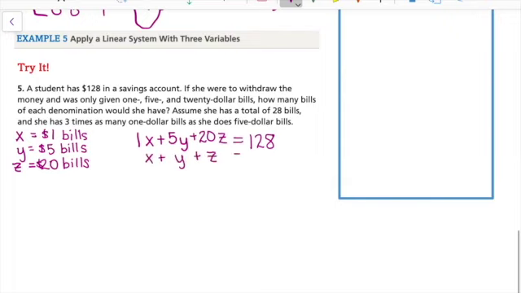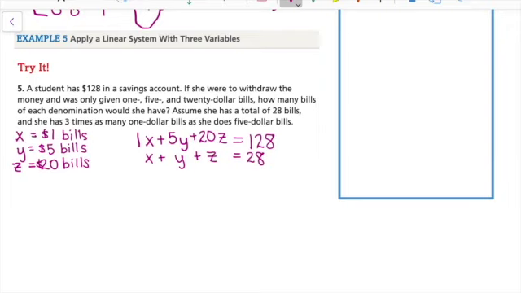So X plus Y plus Z equals 28. So like if she has 5 $1 bills and 4 $5 bills, and then 17 $20 bills, which is not correct because that is way too much money, but that's what I'm talking about in summing there.